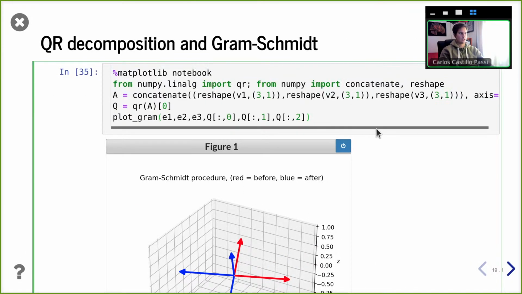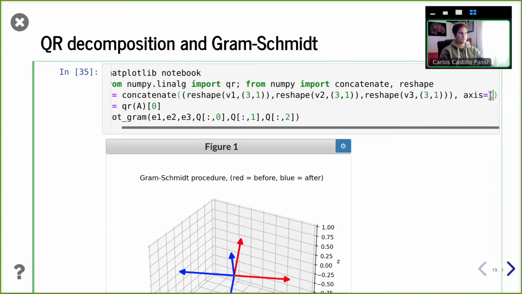Those are concatenated as columns because the axis is equal to 1. You need to remember that in Python the index list starts from 0. That means that the rows are the index 0 and the columns are the index 1. Okay? That's why to concatenate vectors as columns you need to put axis equals to 1.